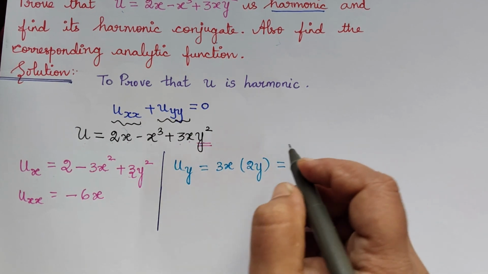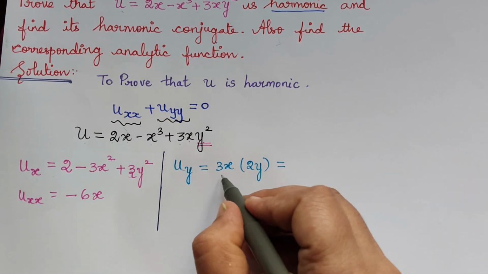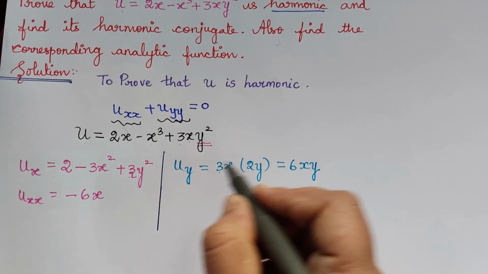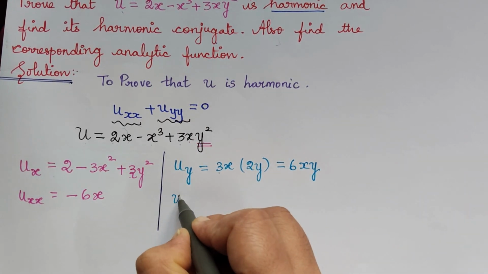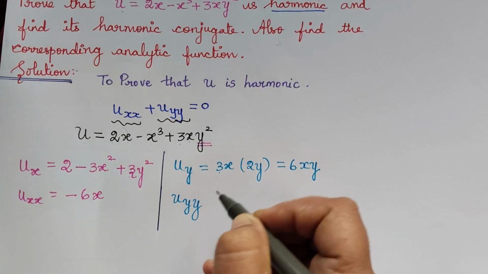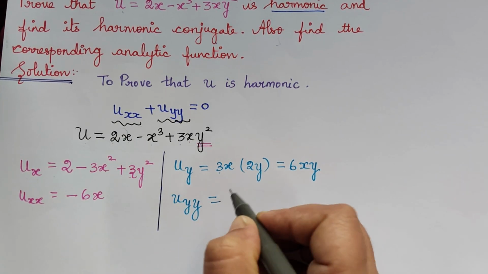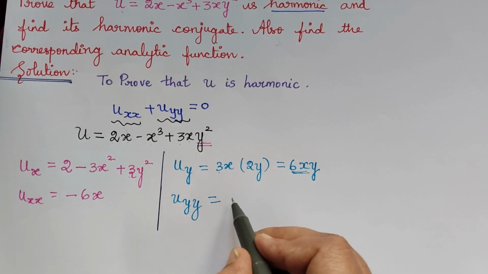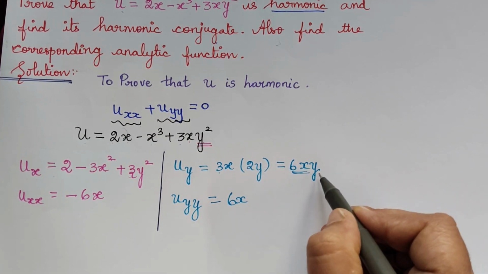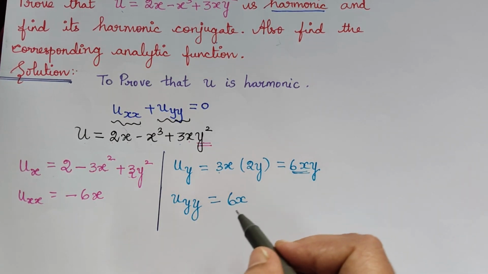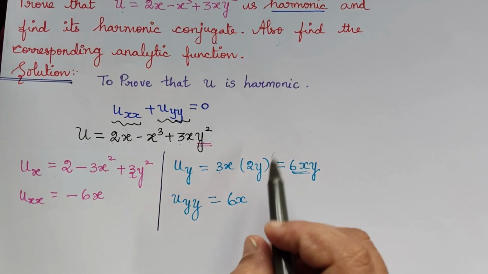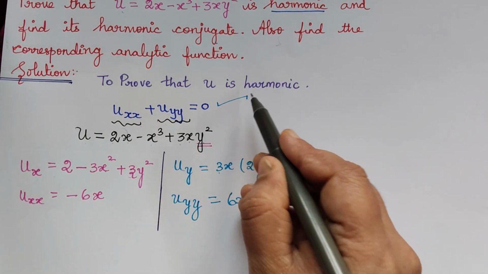So the differentiation of u with respect to y gives us 6xy. Now again we differentiate this with respect to y. So uyy will be equal to, with respect to y we are differentiating, so 6x will be constant and comes as it is, and the differentiation of y is 1, so we get uyy equal to 6x.